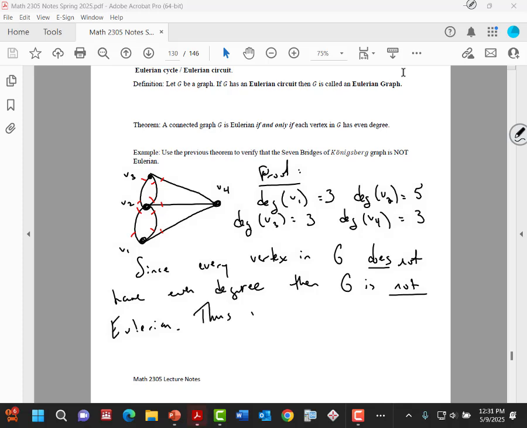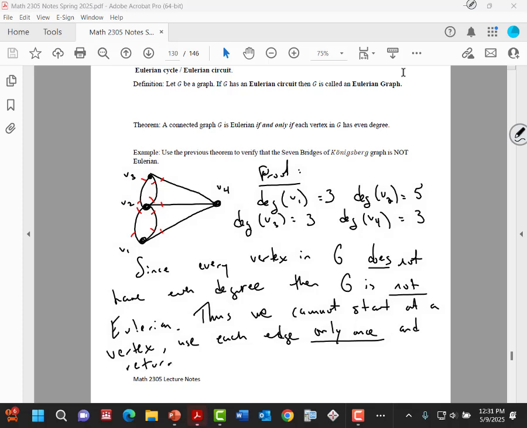Thus, we cannot start at a vertex, use each edge only once, and return to the initial vertex.